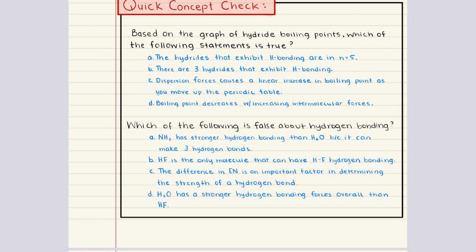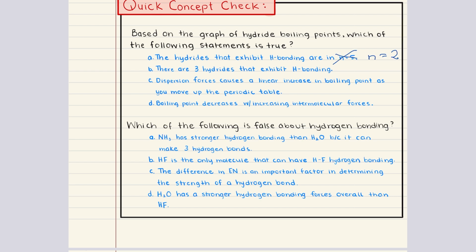A says, the hydrides that exhibit hydrogen bonding are in N equals 5. This statement is incorrect because the hydrides that exhibit hydrogen bonding, ammonia, water, and hydrofluoric acid, are all found in N equals 2, not N equals 5.